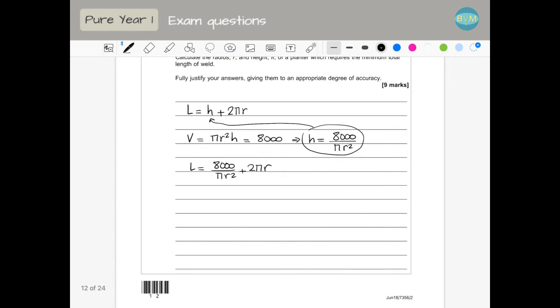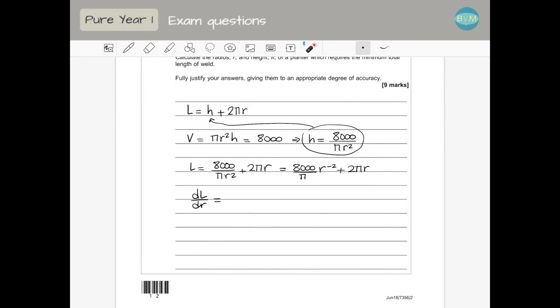And now I can minimize or maximize my expression because I can differentiate. So I'm going to differentiate with respect to r, that is my parameter. If I decide here to make r the subject and substitute, I would differentiate with respect to h. I'm going to write this in an easier way for you to differentiate: 8,000 r to the minus 2, and then it's very simple differentiation.